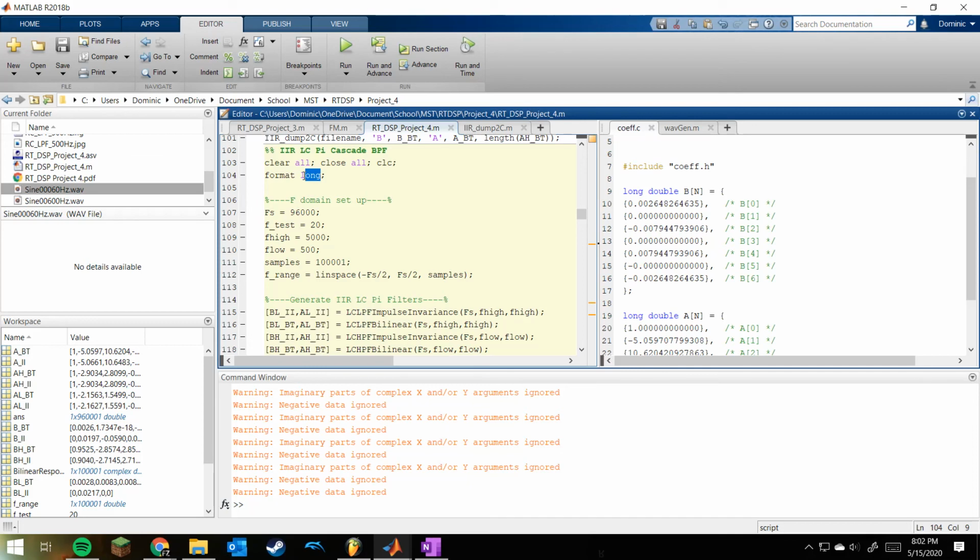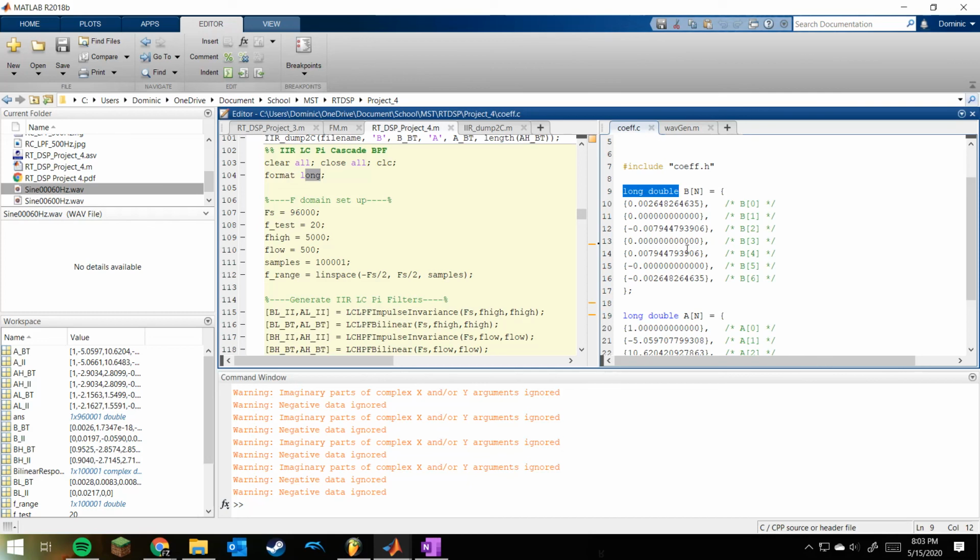So in order for us to get the actual 64-bit double precision floating point numbers, we have to change anything that says float to double or long double. Double or long double aren't always the same depending on the compiler that you're using. In Code Composer, with the compiler that I'm using, I noticed that double and long double were the same, but long double is always going to be the 64-bit version.